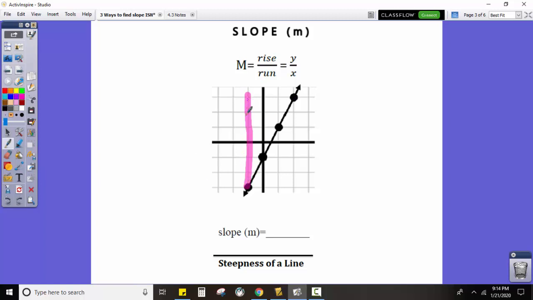So I rise and I count 1, 2, 3, 4, 5, 6, and then I run 1, 2, 3, and so that would be 6 over 3, or I could have made it easier, pick 2 points next to each other, rise 2, run 1. So for my slope fraction, 2 over 1, which just equals 2. So slope is measuring the steepness of that line.